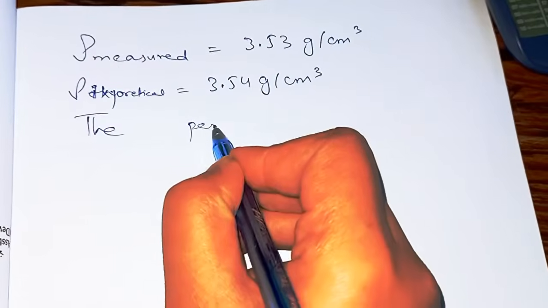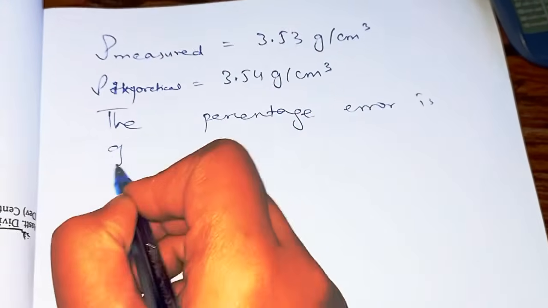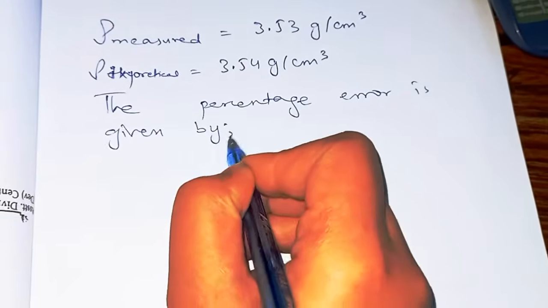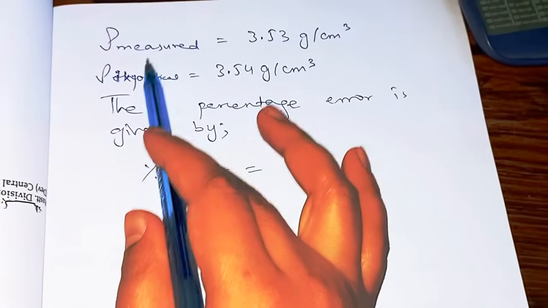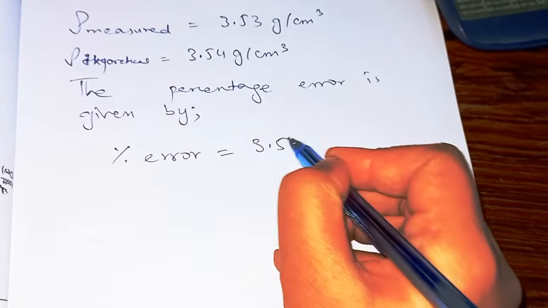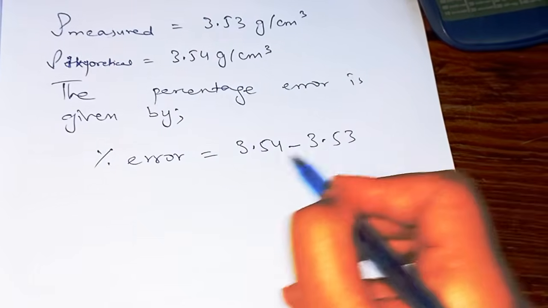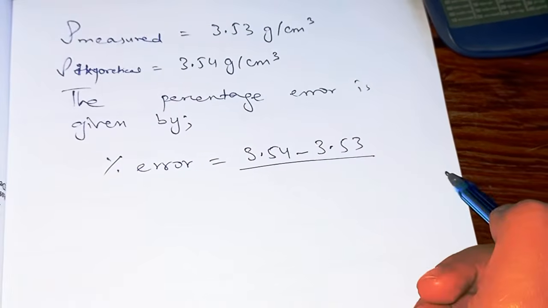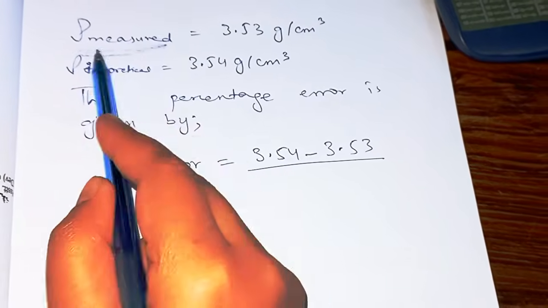The percentage error is given by the percentage error between the measured value and the theoretical value. So you will take the greater value, subtract the smaller value, and divide by the standard value. The standard value is the experimentally determined one, because that is the accurate one.